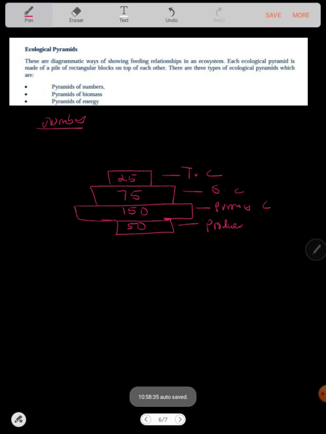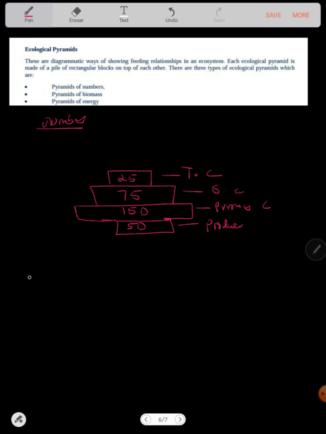Consumer. So what does this mean in terms of when talking of a pyramid of numbers? This shows that at the producer trophic level we have 50 organisms, and we have 150 primary consumers, we have 75 secondary consumers, and we have 25 tertiary consumers. That's what the pyramid of numbers just shows.